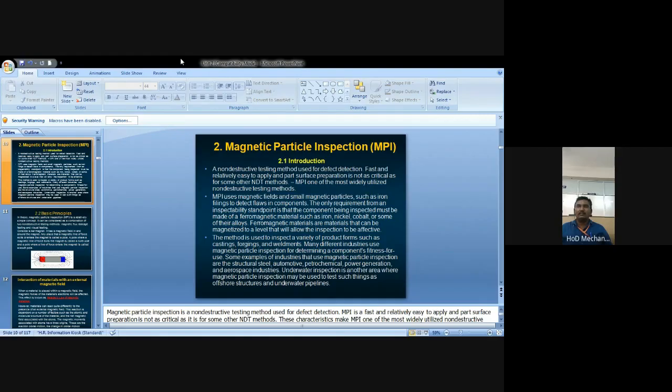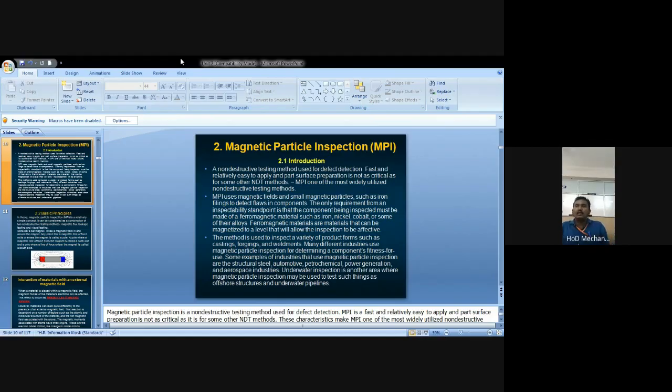It is very fast and relatively easy to apply on the part of the surface which you have to check or inspect on the workpiece. The preparation of the working specimen is not critical. It is one of the easy methods. Like liquid penetrant testing, where you have to prepare the surface of the given specimen before testing, and make so many preparations.